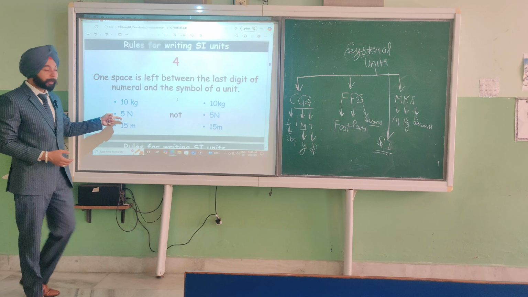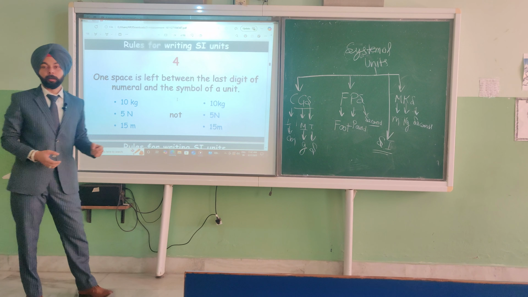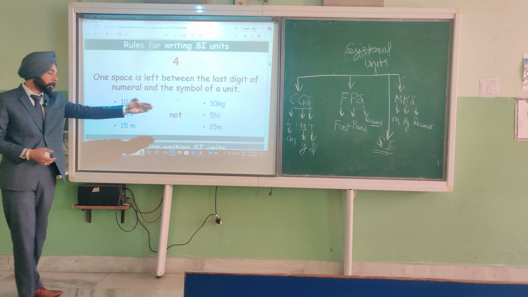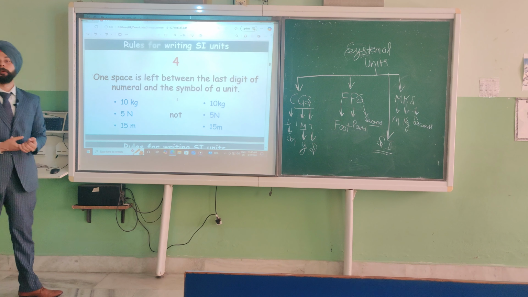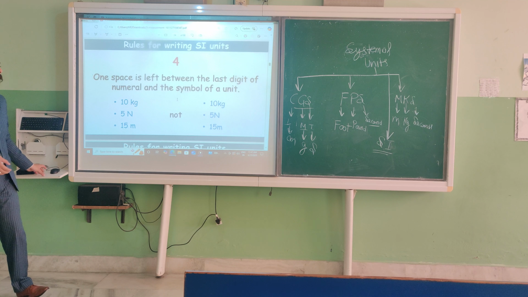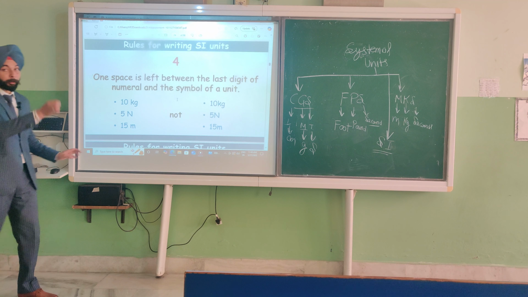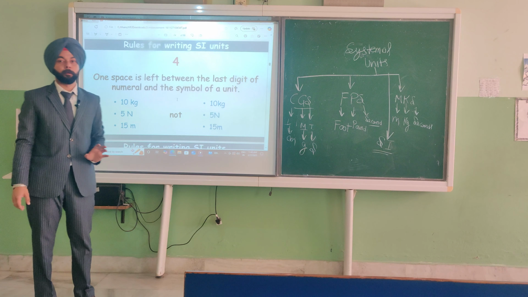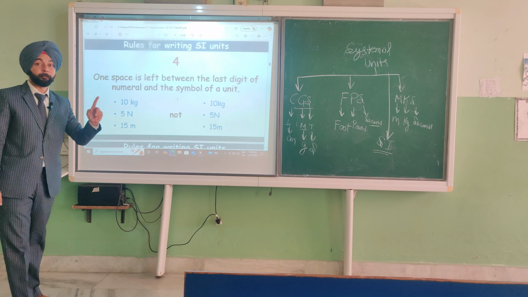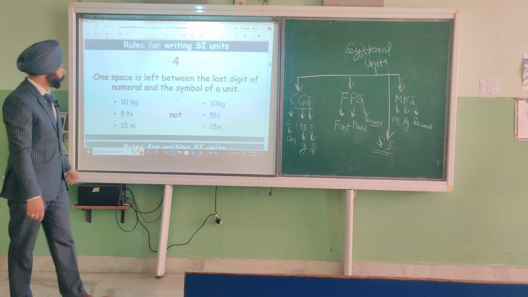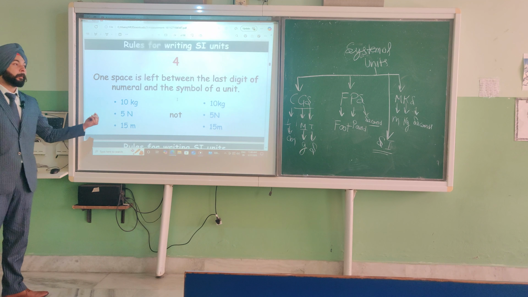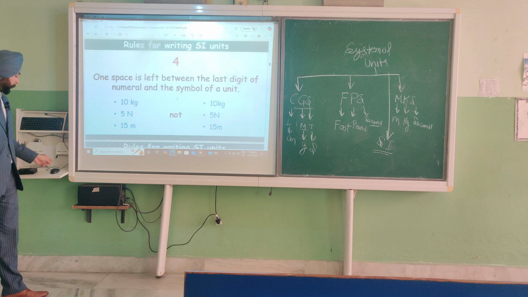It is the correct way of writing a physical quantity with magnitude and unit. Writing 10kg without space is wrong. 5 space m is the correct way, not 5m without space. 15 m is correct. It is very important; many times we do this wrong. When you write the SI unit, maintain a gap, just a space between the magnitude and the unit.